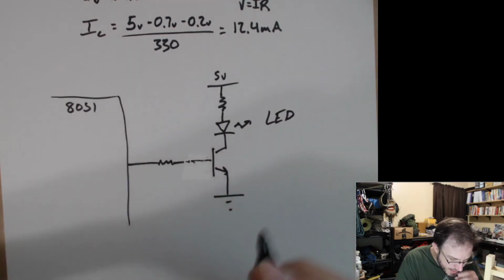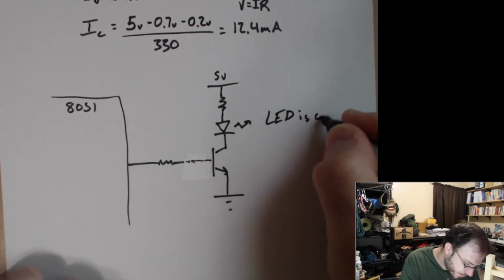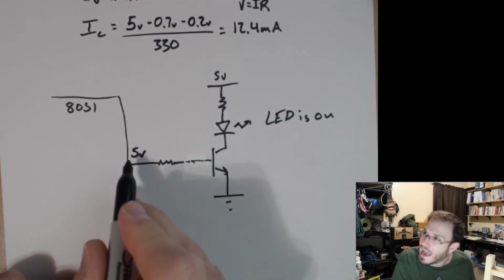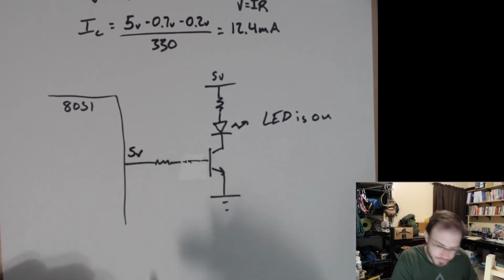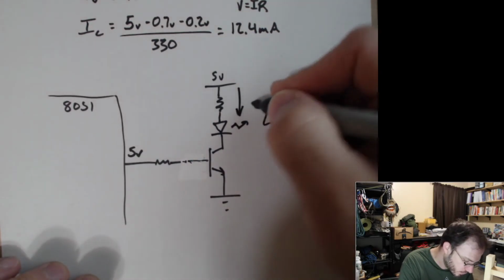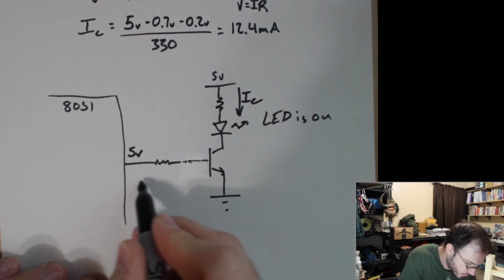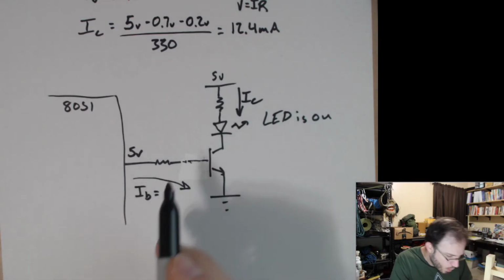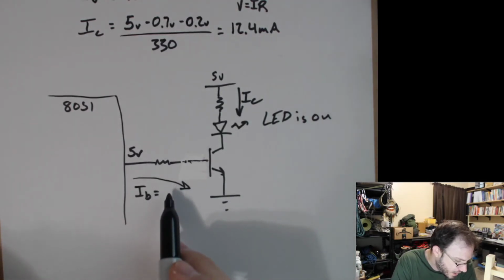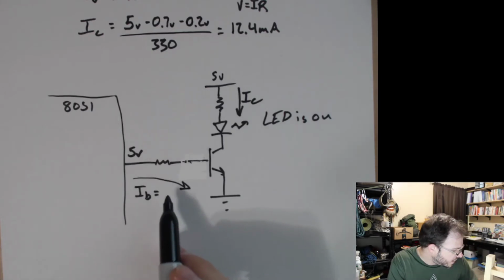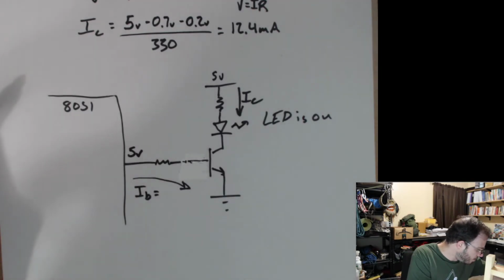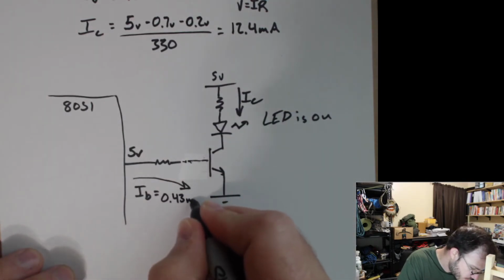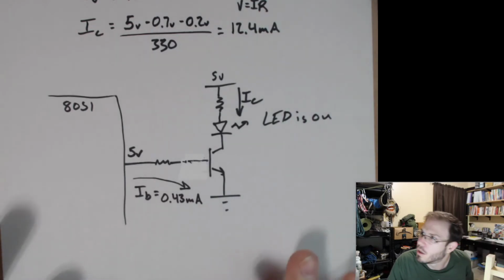and let's say the LED is on. And it's on because we are driving this output with a logic level high. Well, what did we find IB was equal to? It was equal to 0.43 milliamps, right?